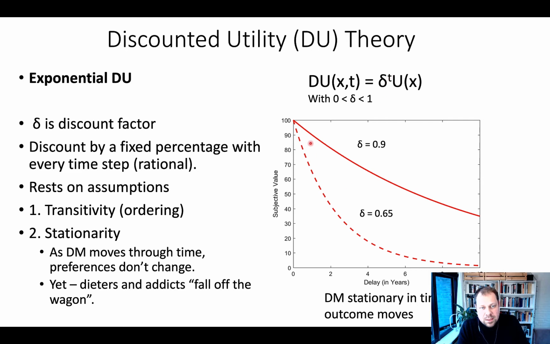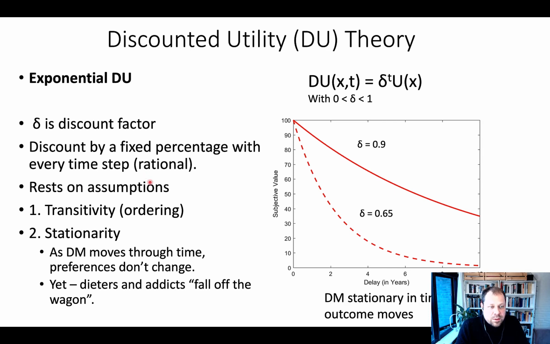And as the delta parameter decreases or becomes closer to 0, there's a steeper discounting function here. So this basically means that there's a discount applied that is a fixed percentage at every time step. And this would basically be a rational discounted utility.